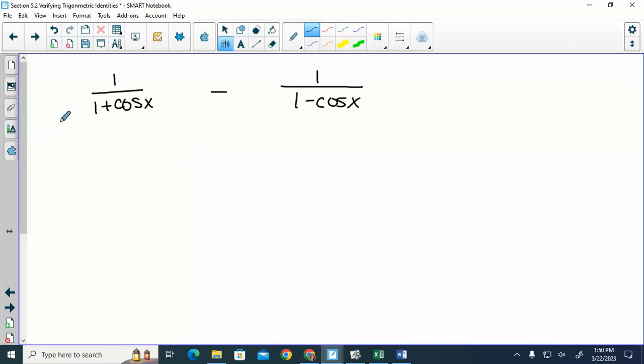So if I look, this first one has a denominator of 1 plus cosine x. What does it need? So I'm going to multiply by 1 minus cosine x on top and bottom. What does this one need?